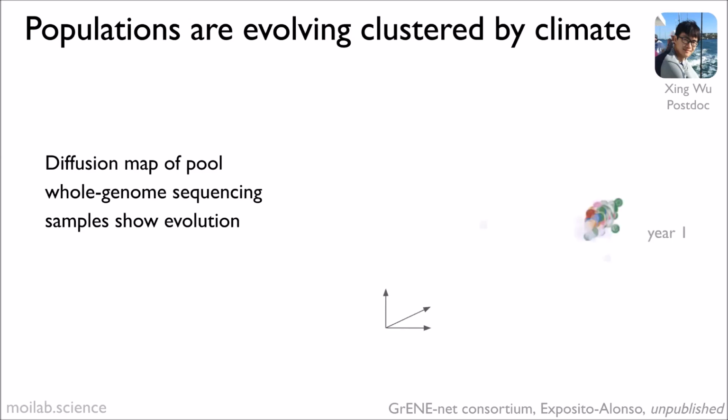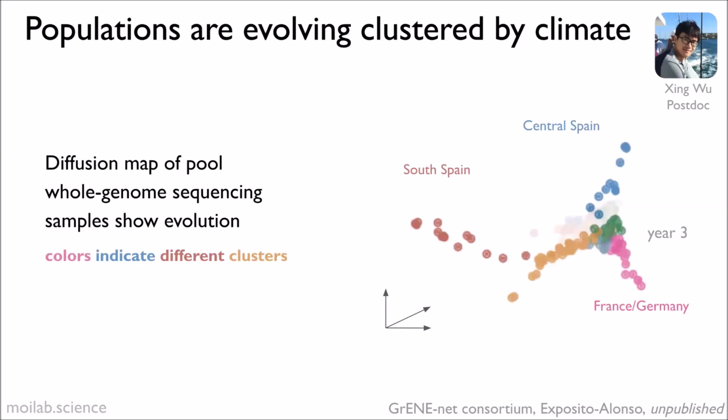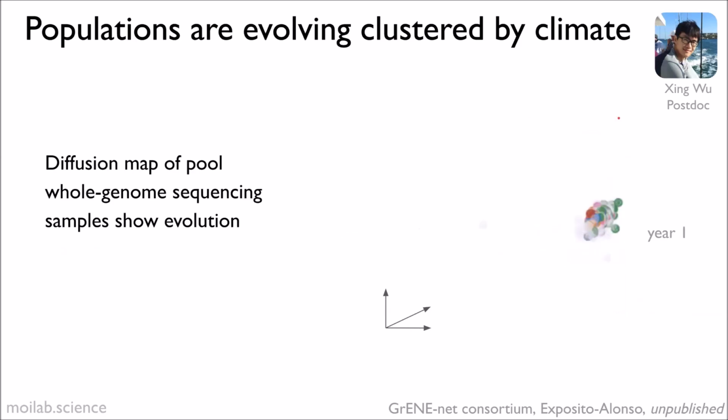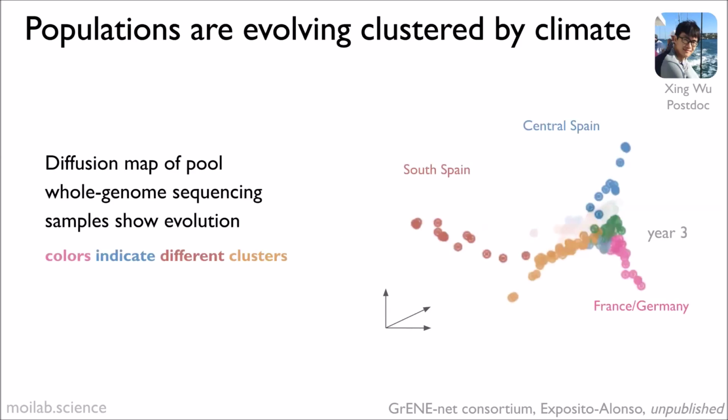So Shin utilized a diffusion approach of allele frequencies for each of the replicates that we had collected to understand evolutionary trends over time. And this is what you can see over the first year, second year, and third year. You see that the different populations, right, are diverging over time, and they're colored here by clusters.